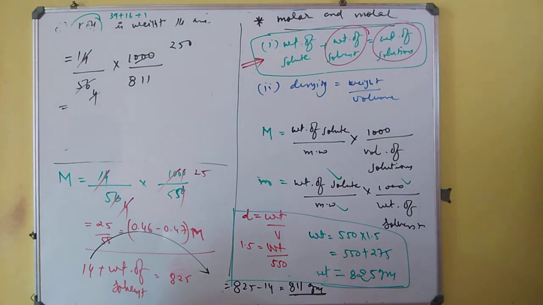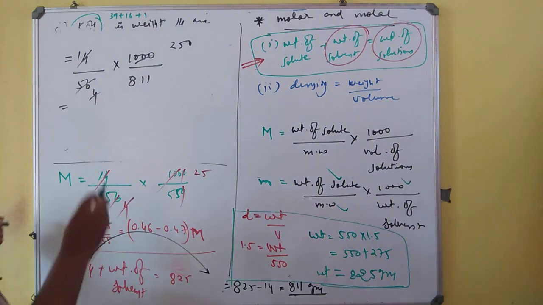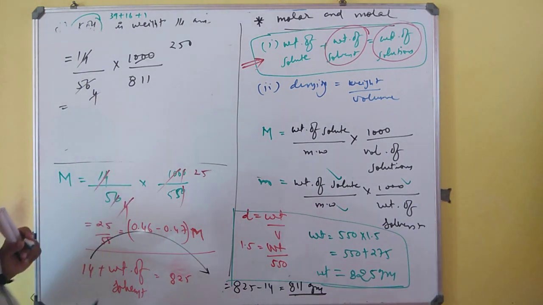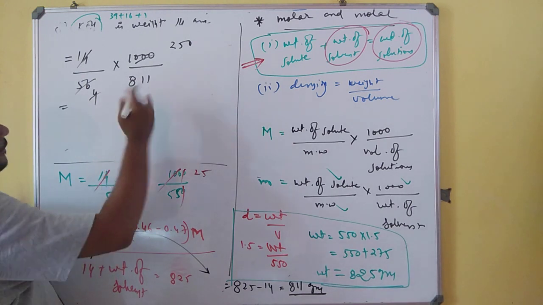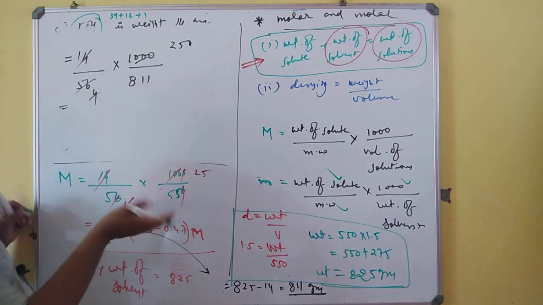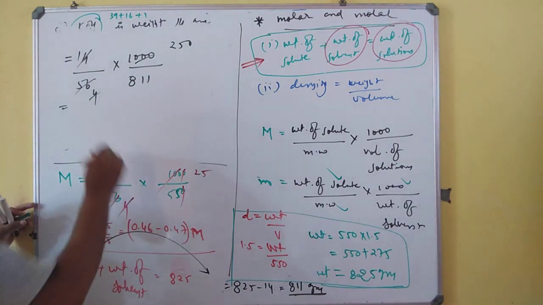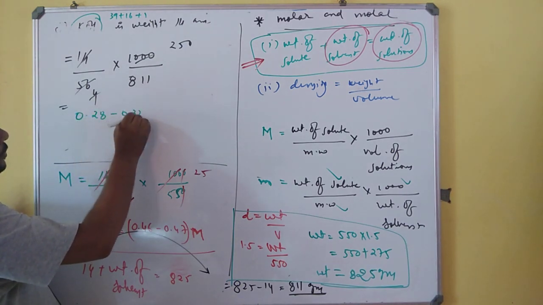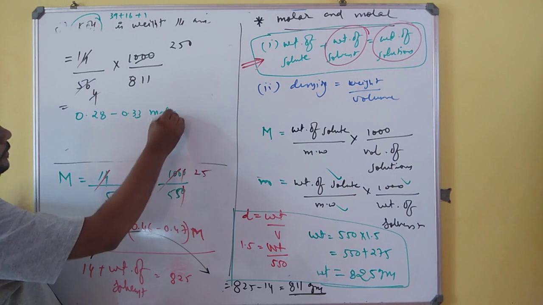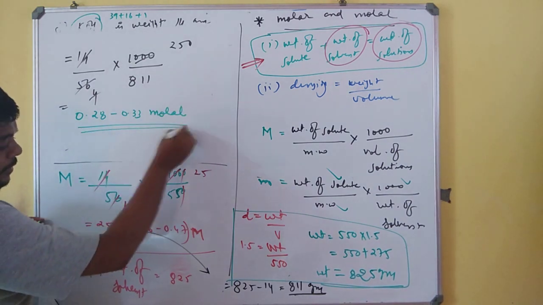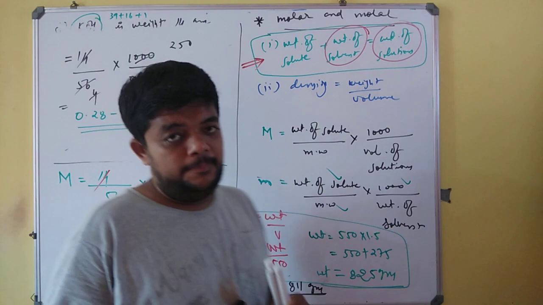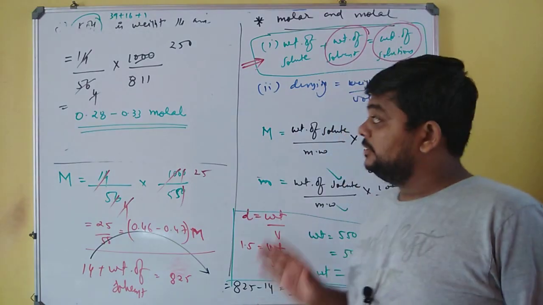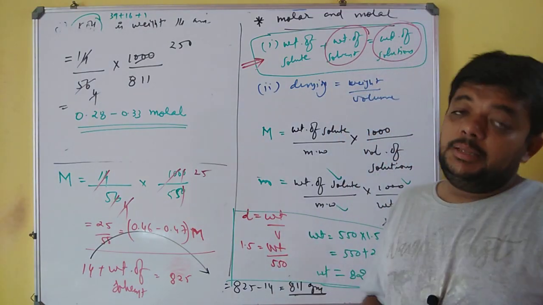If I calculate roughly, you can calculate the exact values using a calculator, it is even less than 1/3. So let us make 0.28 to 0.33 molal. But for me, more important is the understandability of this method.